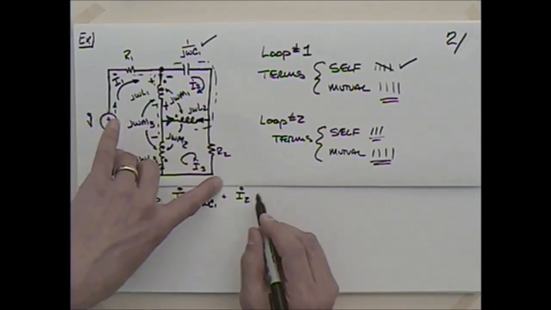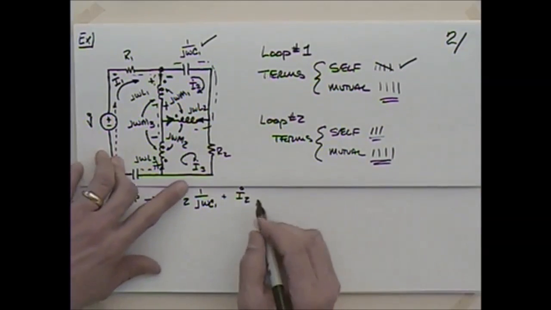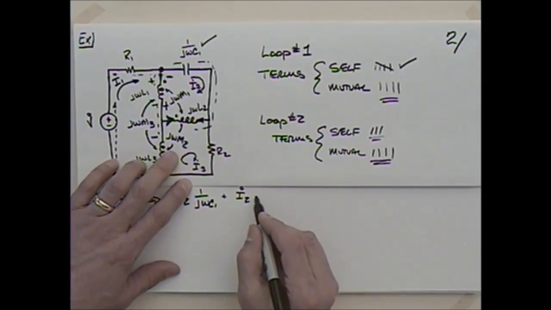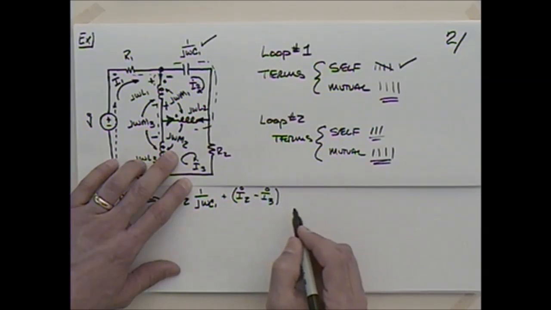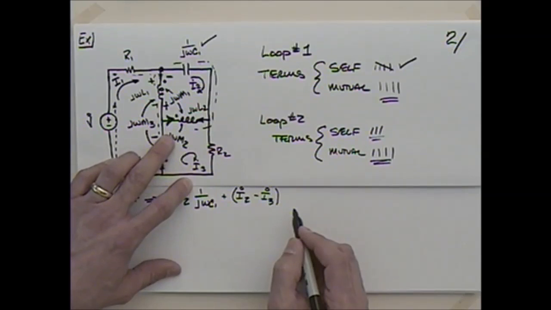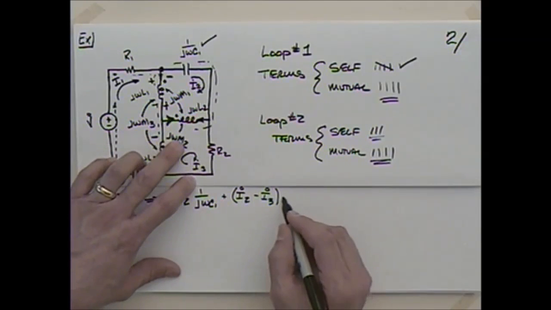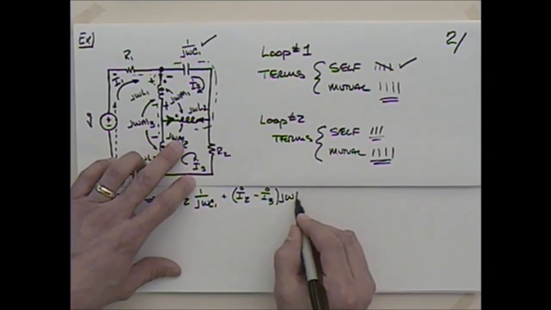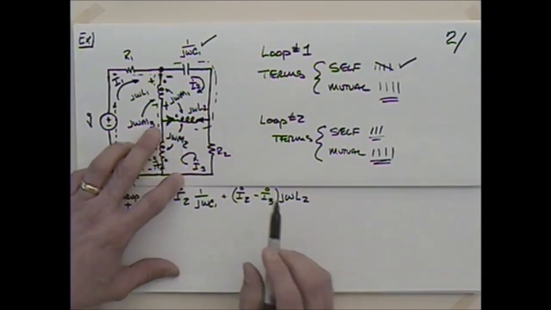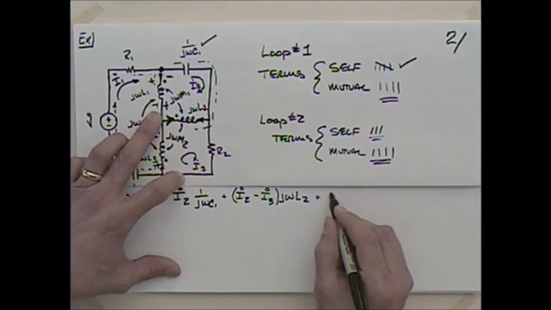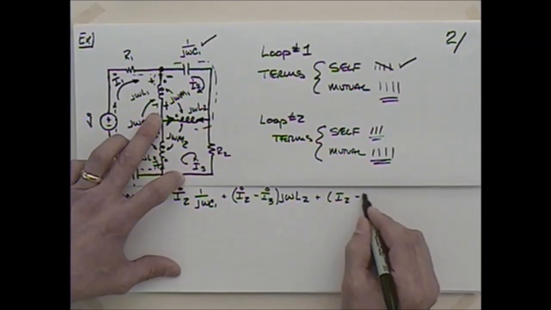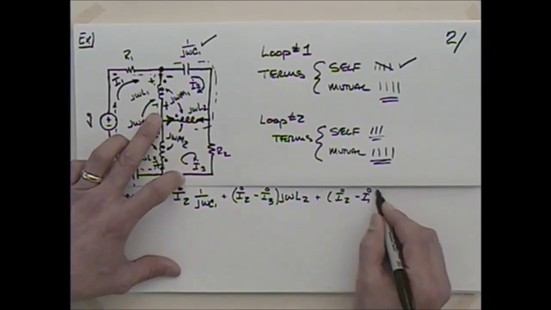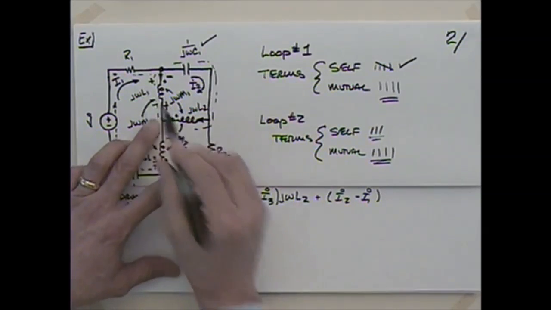And then moving around here like this, I'm going to have I2 minus I3 times what? j omega L2. And then finally I will have I2 minus I1 times j omega L1.